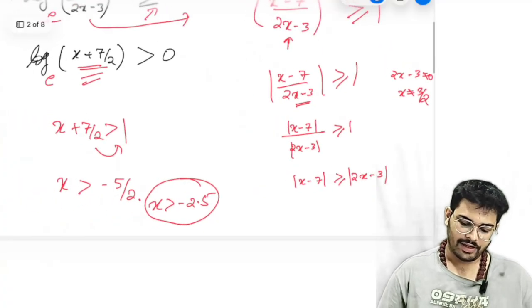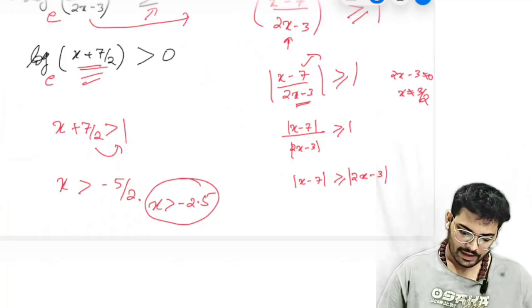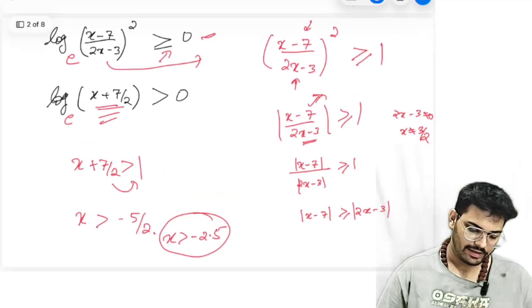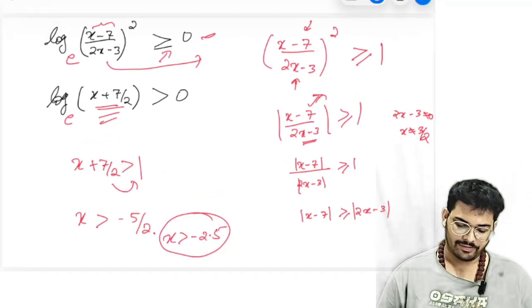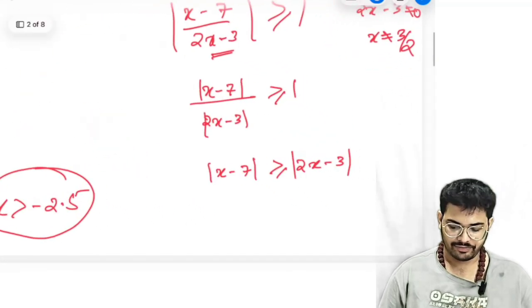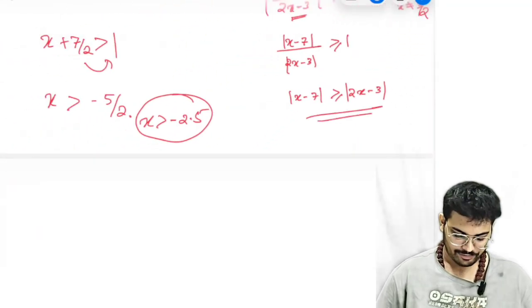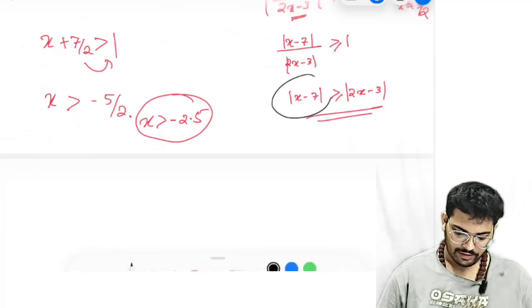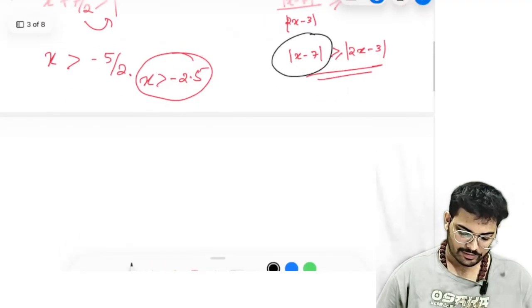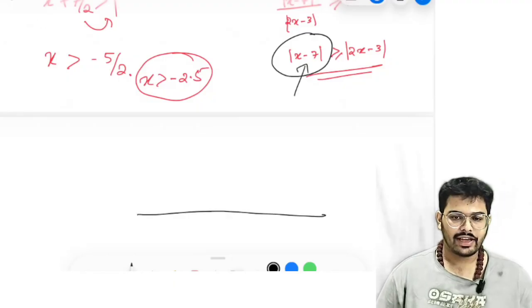Also, x can't become 7, because when x equals 7 we are literally finding log 0, which doesn't exist. We need to be careful about that. Here we will be using the graph. Now we can draw the graph of y equal to mod of (x minus 7). The critical point of this graph is x equal to 7.